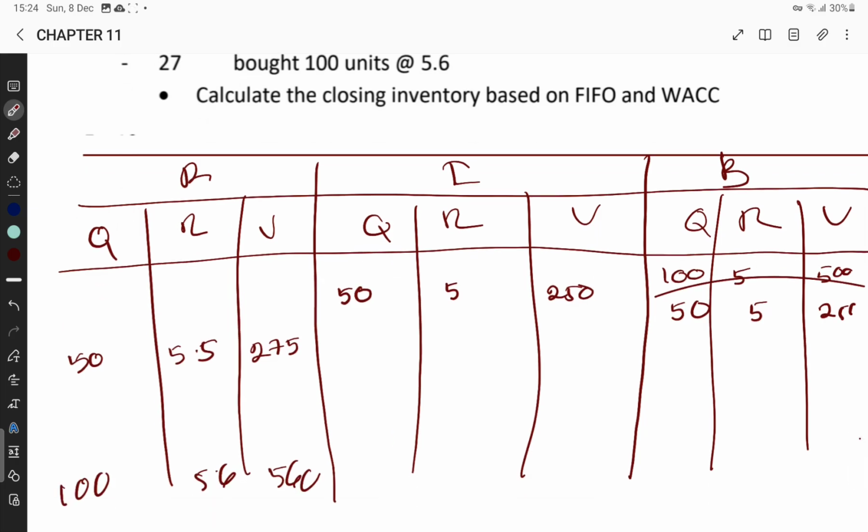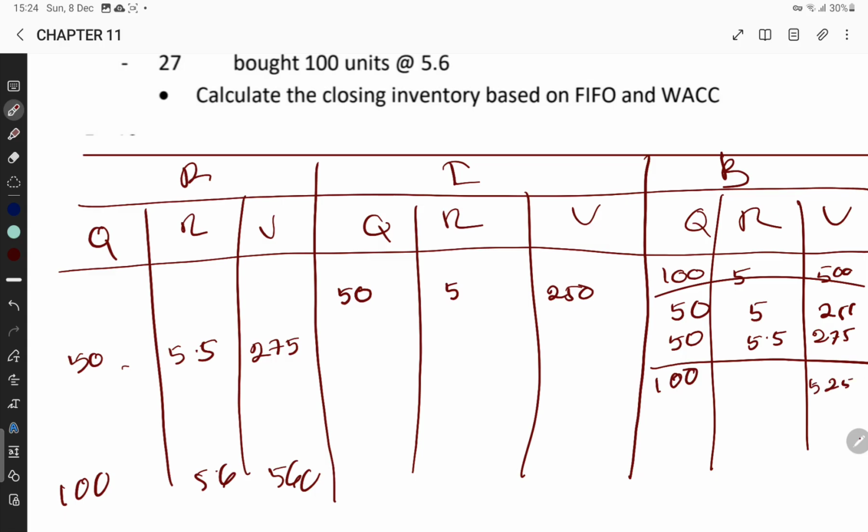I will record under receipts column and copy paste that in the third column, in the balancing column. Now you have 100 units, the value of that is 250 plus 275, the value is 525.